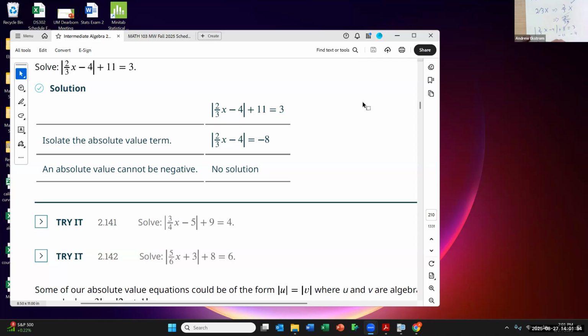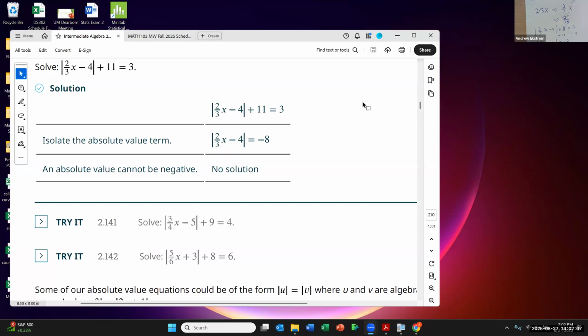Subtract 11: absolute value of 2/3 x minus 4 equals 3 minus 11. So that's going to be a negative 8. How did we solve these? If this is a positive 8, we'd say 2/3 x minus 4 equals whatever this is. Then we'd say 2/3 x minus 4 equals the opposite of that.